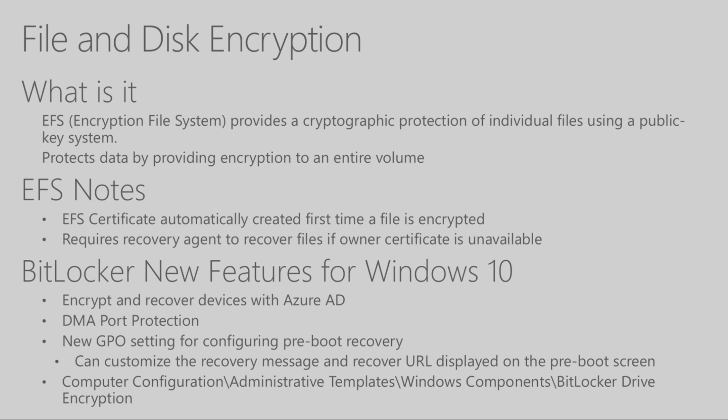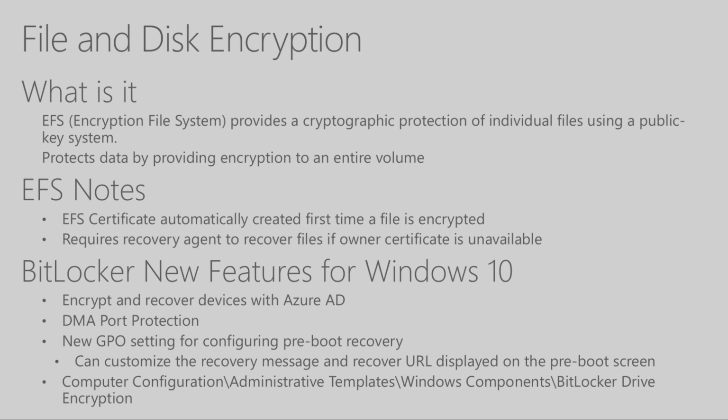As you can see with Workplace Join, when you Workplace Join a system and you have access to that file server, it turns green because of the EFS that's built into it. Therefore, it's encrypted. So that may be a way to protect the files, but maybe not the whole operating system, just the files in that specific location. It does require certificates, and you can use a recovery agent if you have any issues getting those files back.